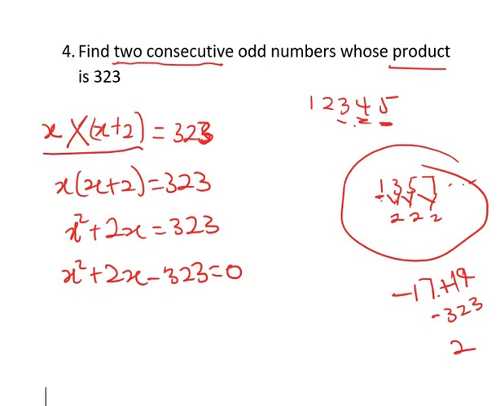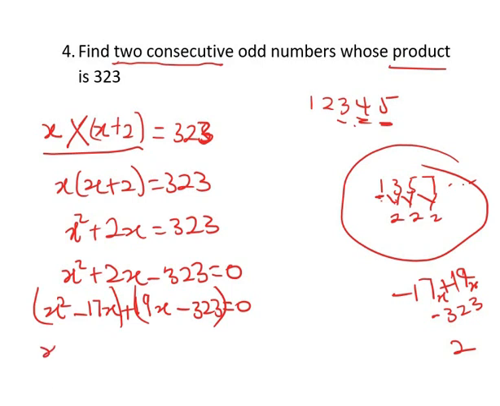So minus 17x and 19x, we will replace these two over here. So we get x squared minus 17x plus 19x minus 323 equal to 0. Then we group the first bracket and that of the second one. We bring x out in the first one, we are left with x minus 17. In the second one, we bring plus 19 out and we get x minus 17 equal to 0.